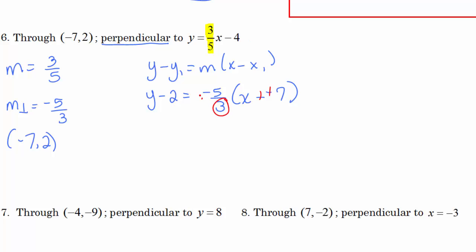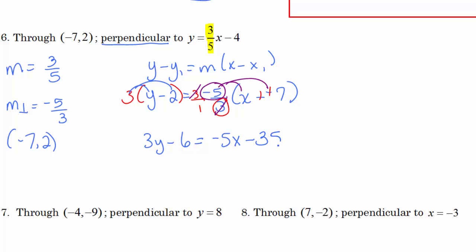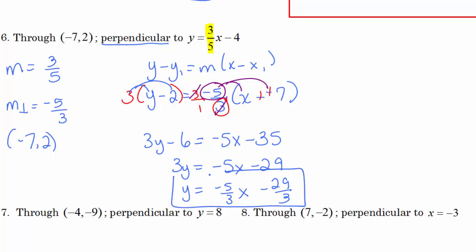I have a fraction, so I'm going to multiply both sides by my denominator to get rid of that fraction. Be careful again, those reduce, so I have a -5 that I need to distribute. I'm going to add 6, and I'm going to divide by 3. And again, those two lines are perpendicular. Their slopes are opposite reciprocals.